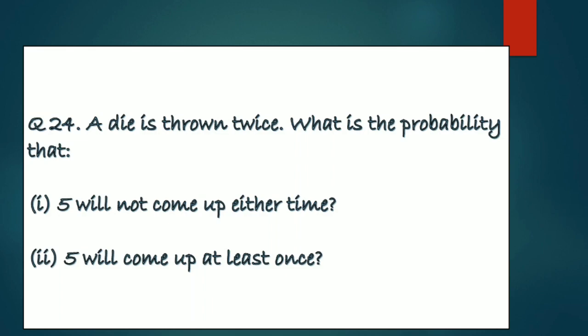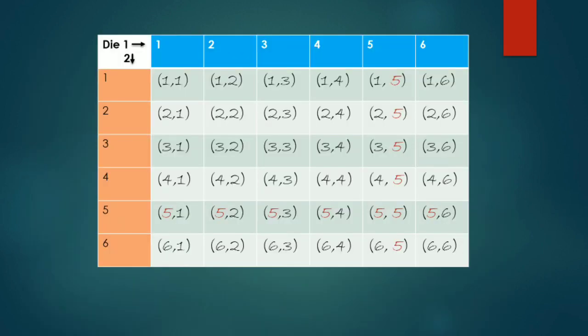Now first of all we will write the outcomes. Now these are the outcomes. If you see, I have marked 5 in red. So all the digits displayed in red color are 5. So let's count how many times 5 is coming. 1, 2, 3, 4, 5, 6, 7, 8, 9, 10 and 11.